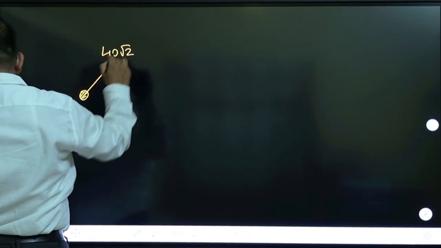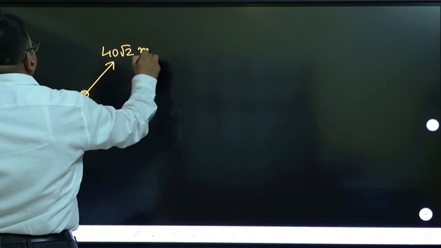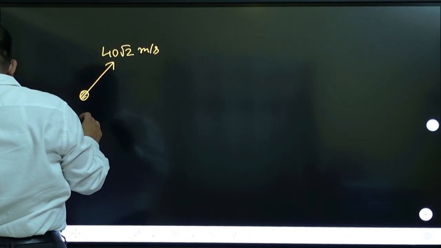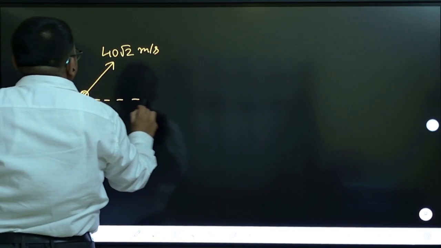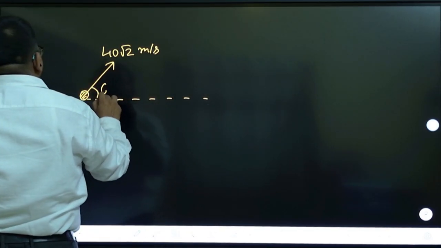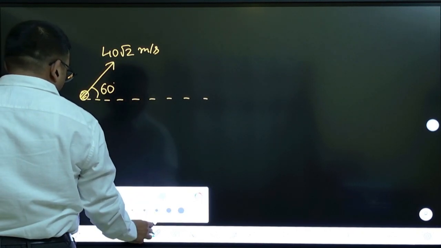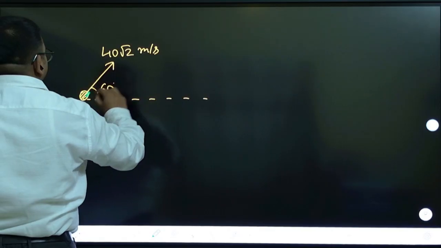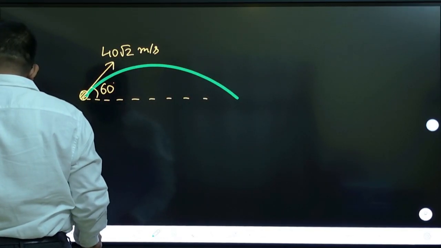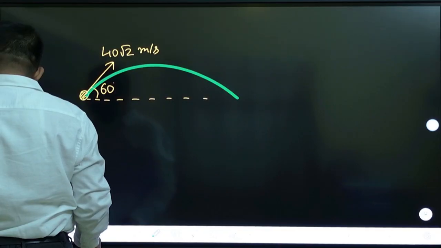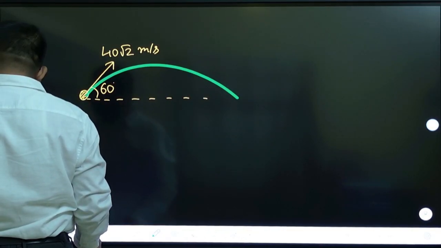The ball is projected with initial velocity 40 root 2 meter per second at an angle of 60 degree. It is going along this path, so its velocity is making an angle of 45 degree with the downward vertical.